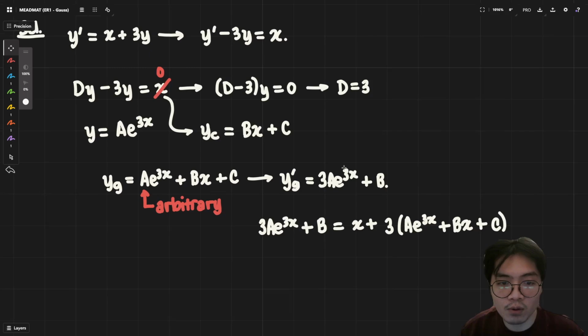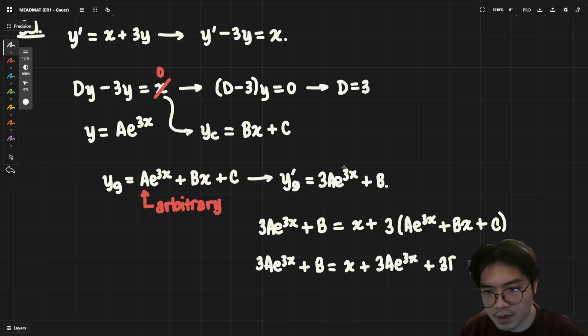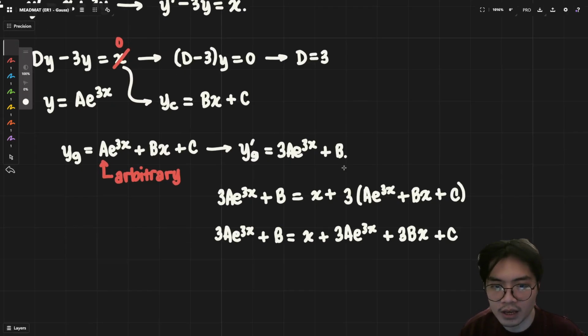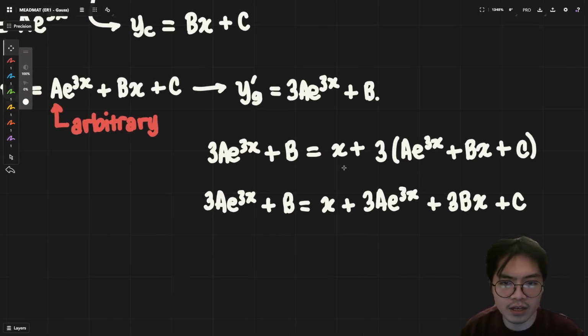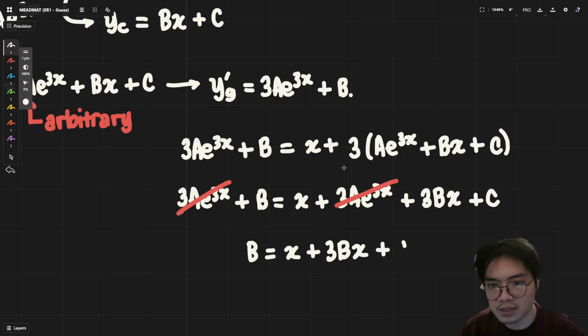Now what we will do is just expand everything: x plus 3ae^3x plus 3bx plus 3c. And now we cancel this, cancel this. You will now have b is equal to x plus 3bx plus 3c.